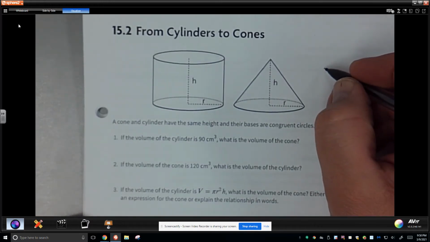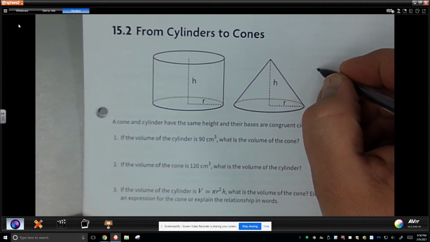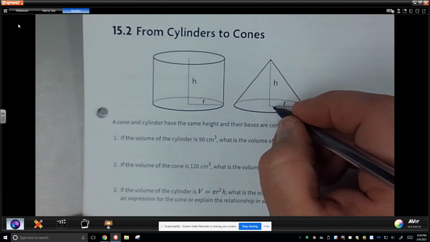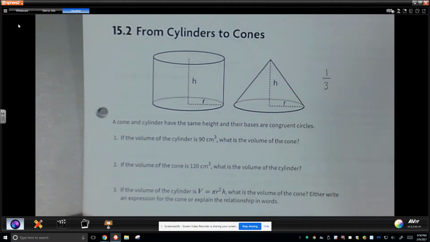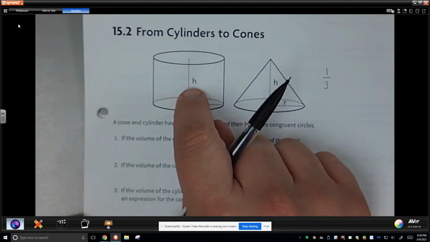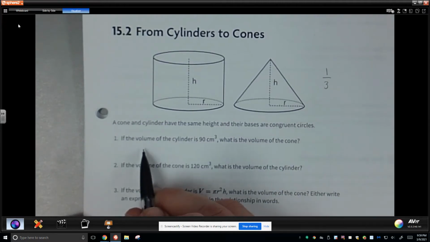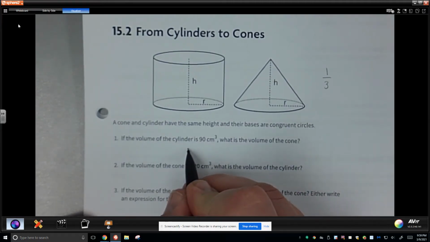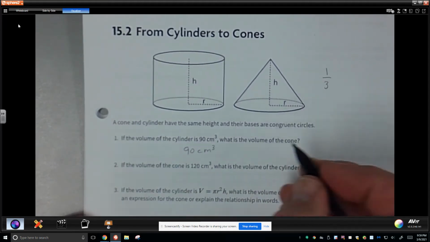Thanks for doing that. And now what we can do with that is understand this, that the cone with the same radius and the same height will fill up 1/3 of the volume of that cylinder. So in this case, what we're after is that the volume of the cylinder is 90 centimeters cubed. What's the volume of the cone?